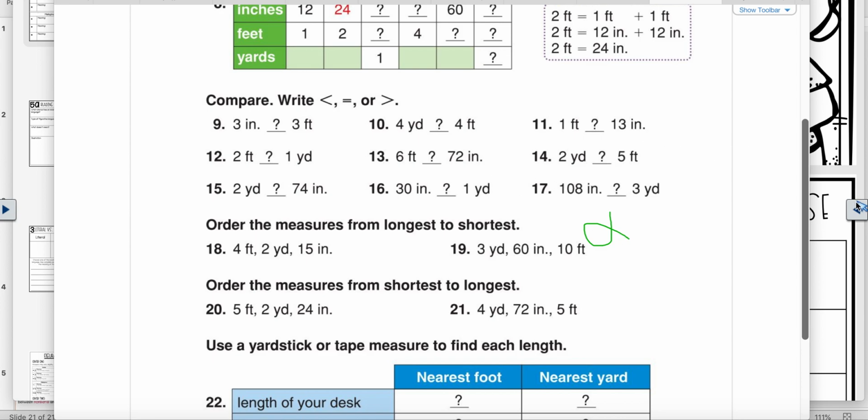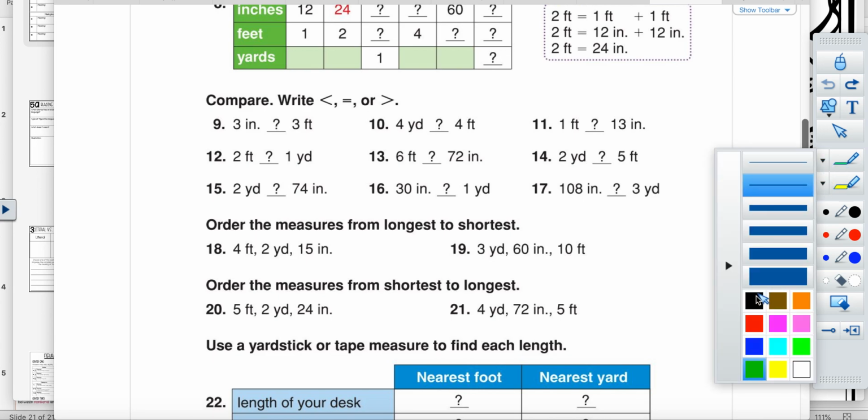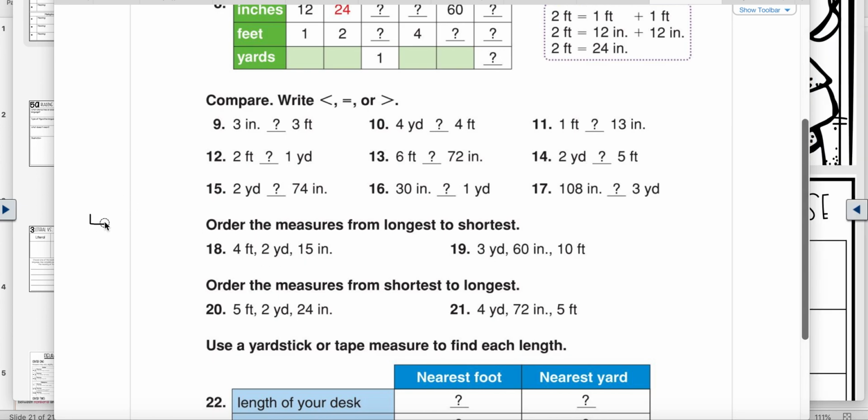Okay. So if I have 4 feet, let's convert these into inches. 4 feet is how many inches? 48, right? 2 yards is how many inches? 72.